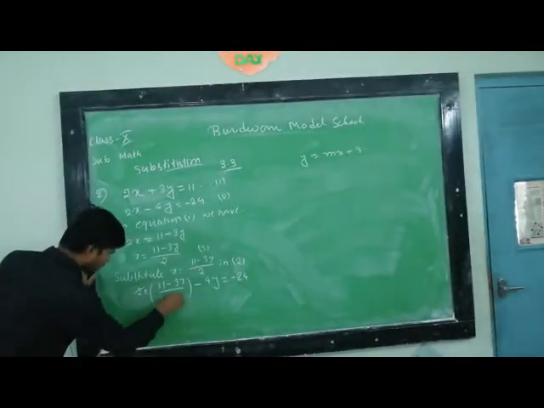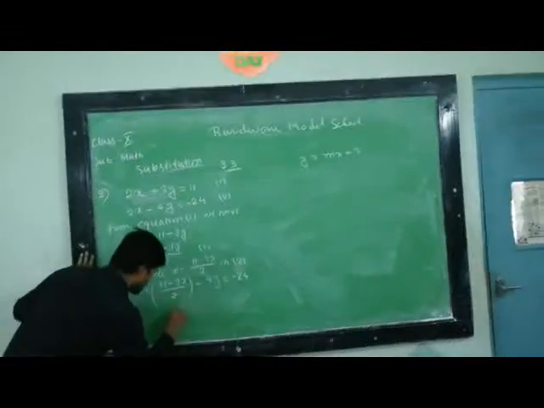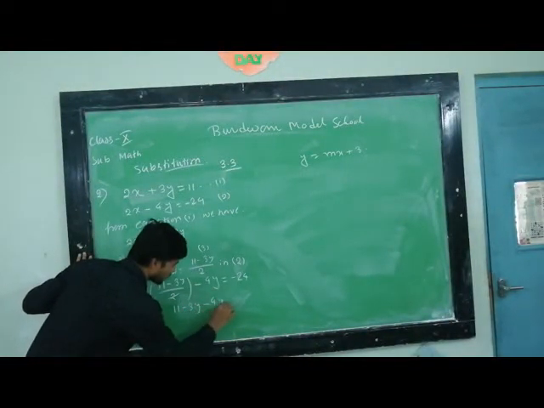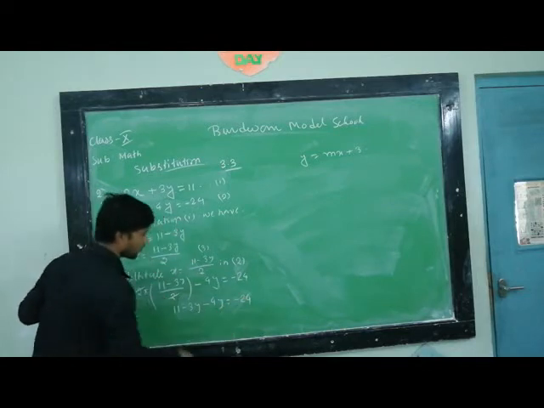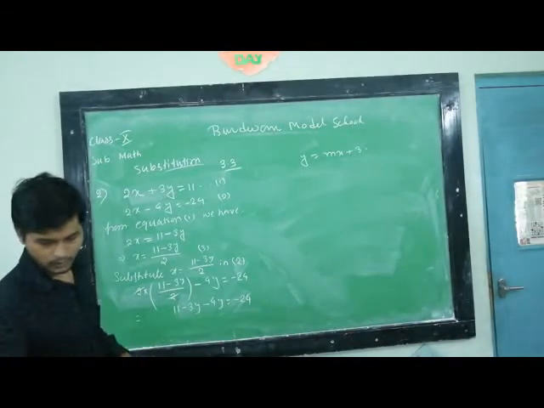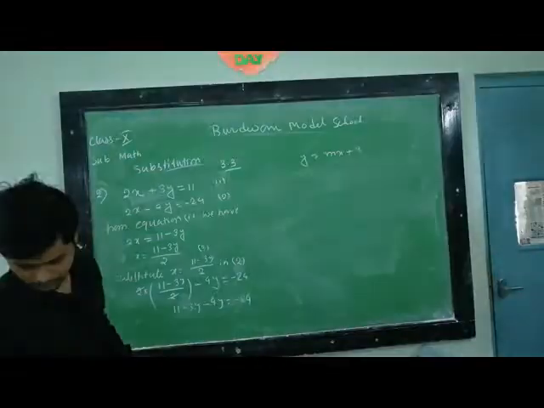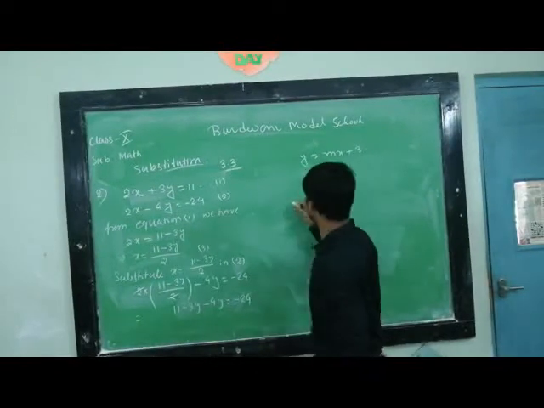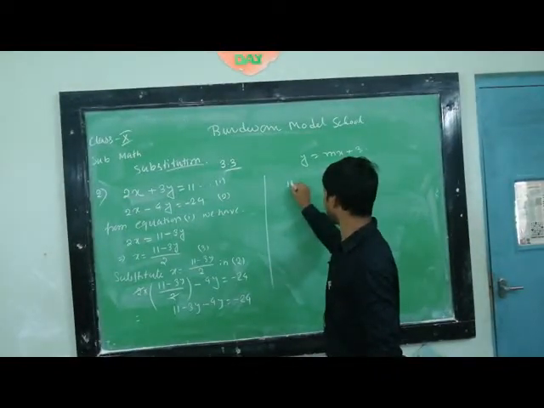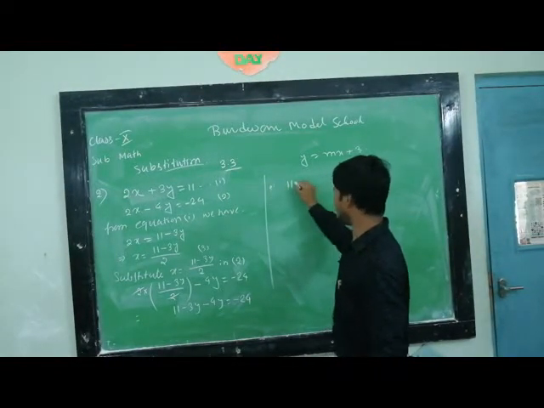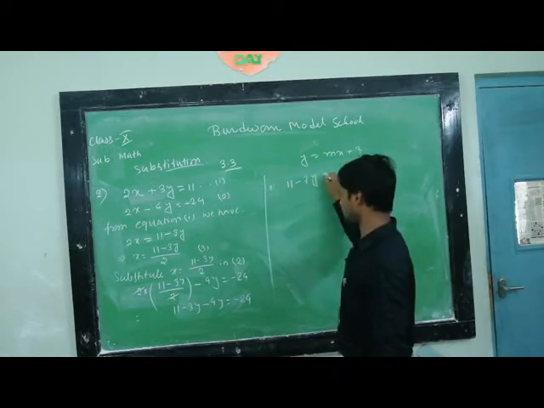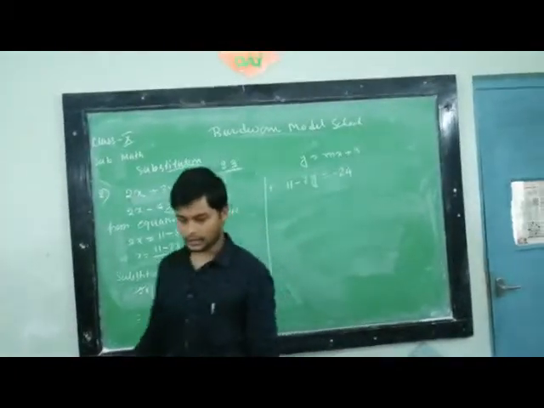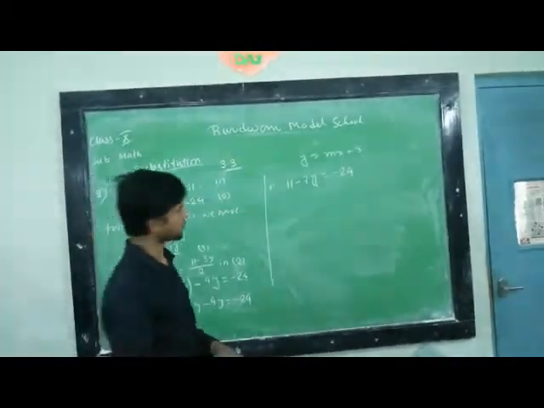That means these 2 and these 2 will cancel each other. That means 11 minus 3y minus 4y is equal to minus 24. Now calculate this one. So 11 minus 7y is equal to minus 24. Now from here calculate the value of y.